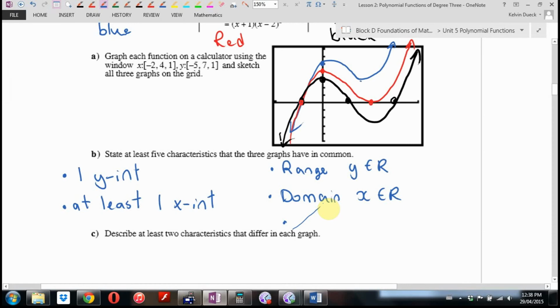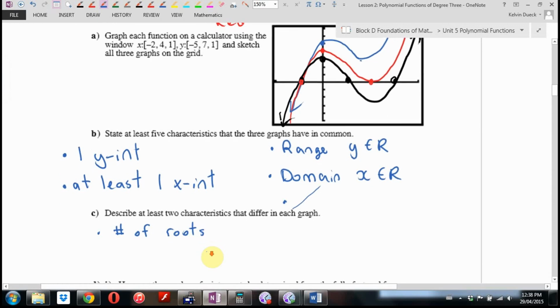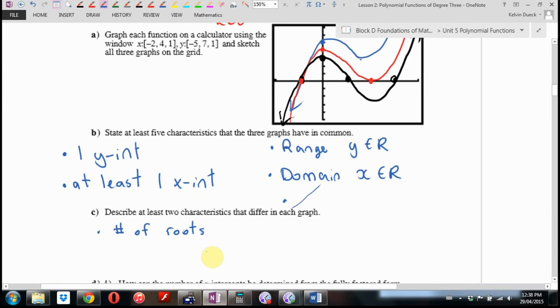What are two things that are different? Number of roots. Right? What else? Now, we contrived these very carefully, but I would certainly say the value of the y-intercept.